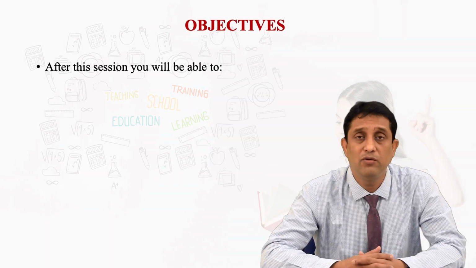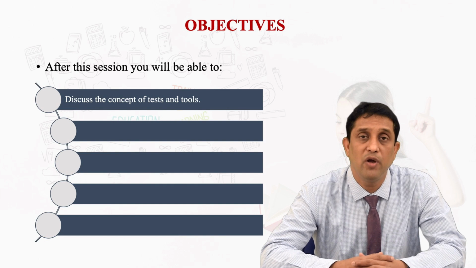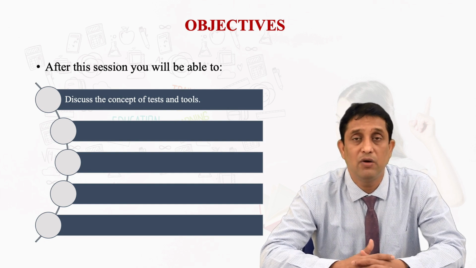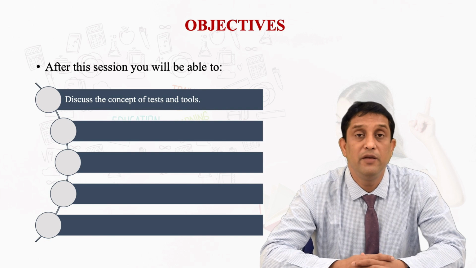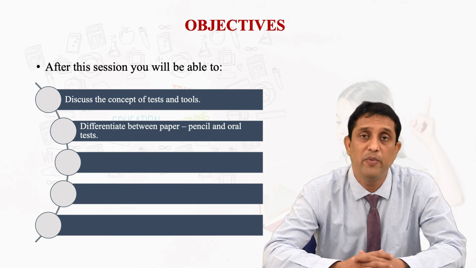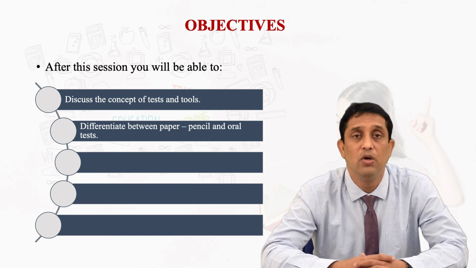So friends, the learning outcomes of this video lesson: after going through this video lesson, you will be able to discuss the concept of test and tools. What is the concept of a test and what is the concept of a tool? Then differentiate between paper-pencil and oral tests, the concept of the paper-pencil test and oral test, and what is the difference between these two.